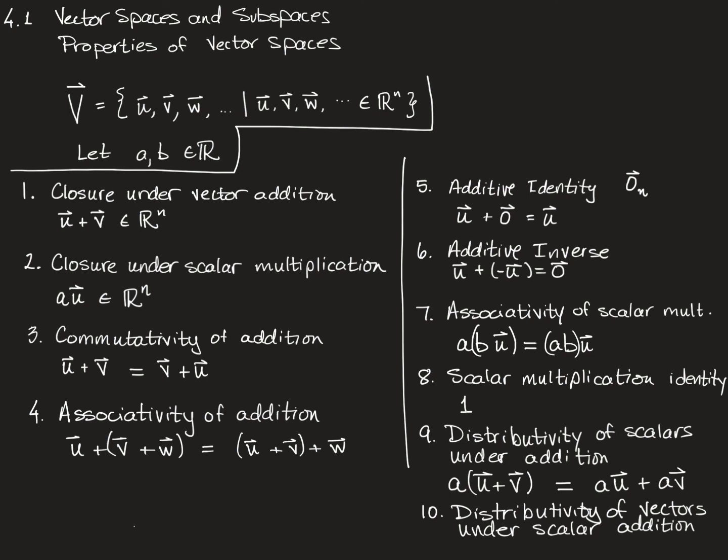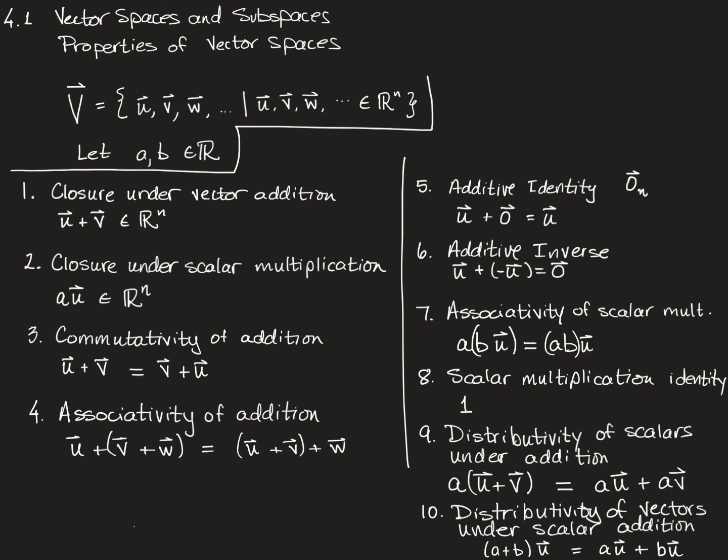If I take the scalars a and b and add them together, and those are both real numbers, remember, they're just numbers, and I multiply the vector u by that new number, then I'll get the same thing as if I had scaled u by a and scaled u by b and then added them together.